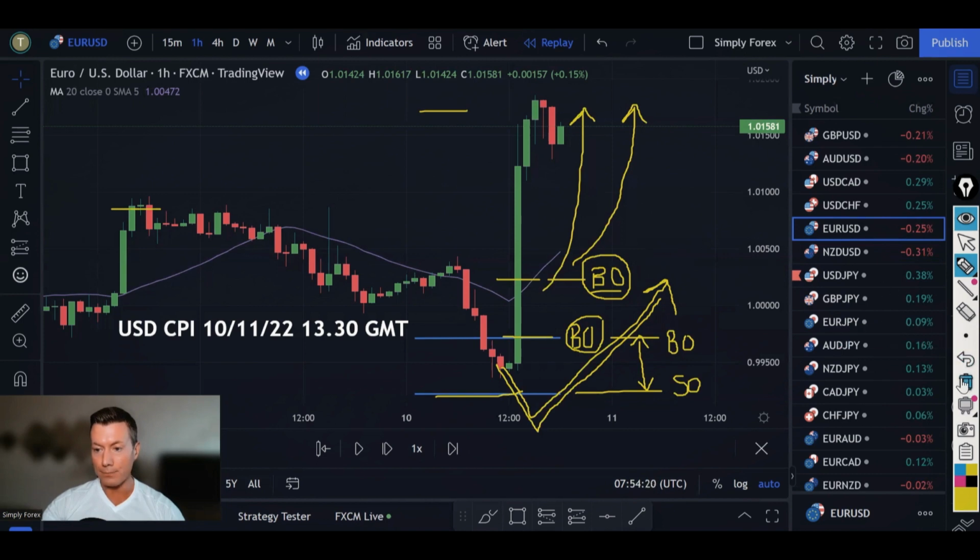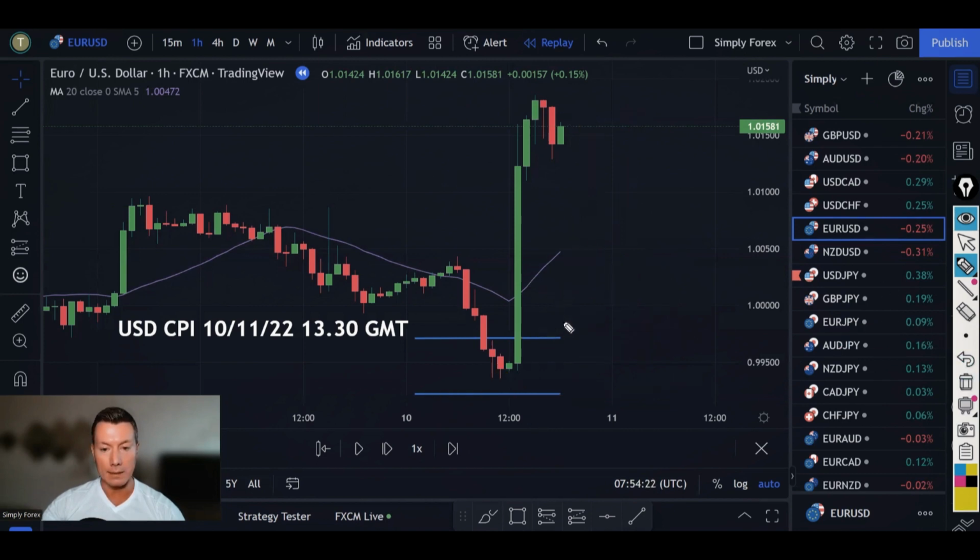Also, guys, one more thing is this. Before the news even comes out, because we've seen it many times, price is also volatile. So you have to have your sell order and your buy order quite a few pips away from the price because price is volatile before news comes out.